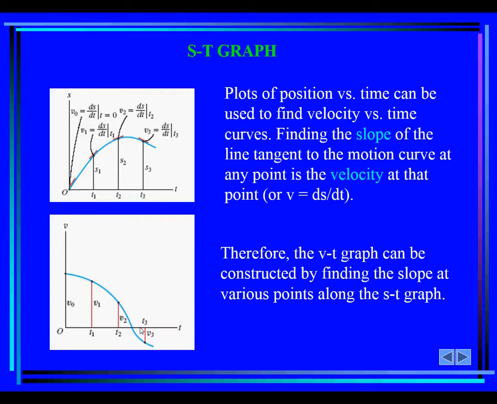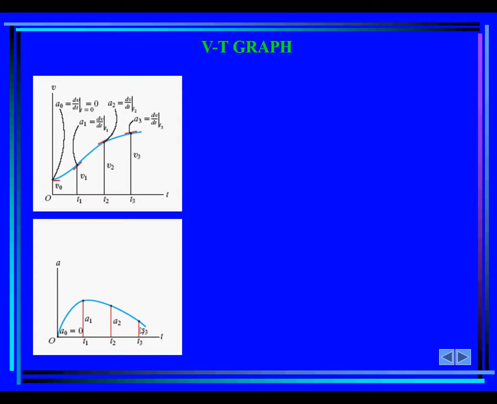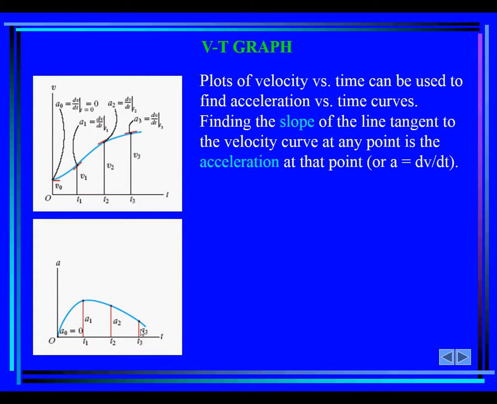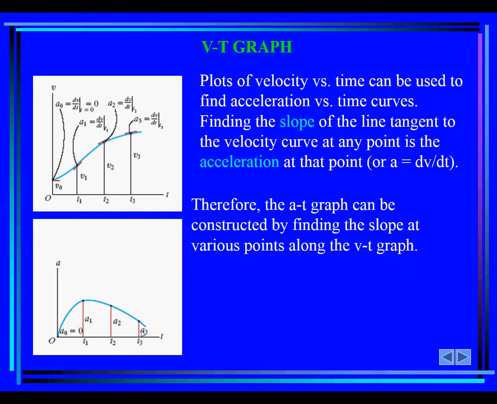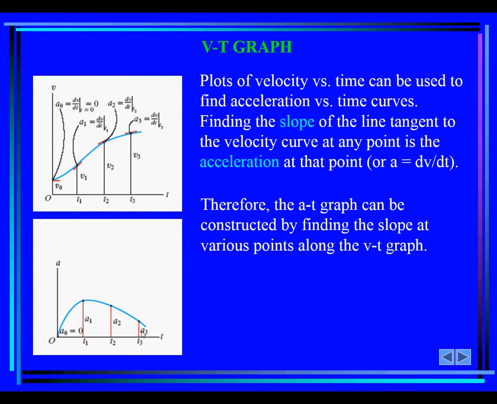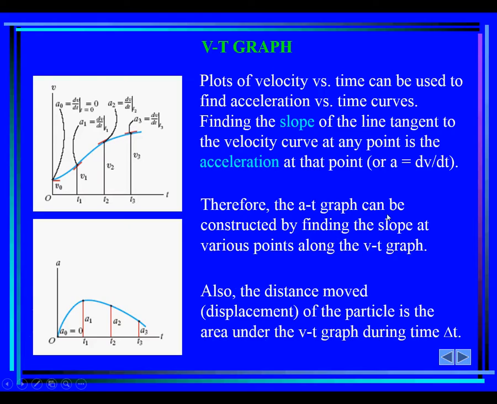From there, we can calculate other things. If you have the velocity versus time diagram, you can calculate the acceleration: if you find the slope or the tangent to the velocity curve at any point, that would be the acceleration at that point.